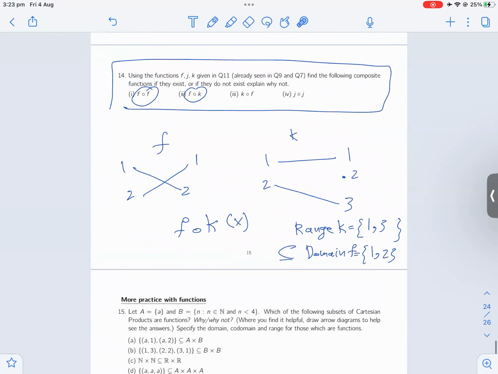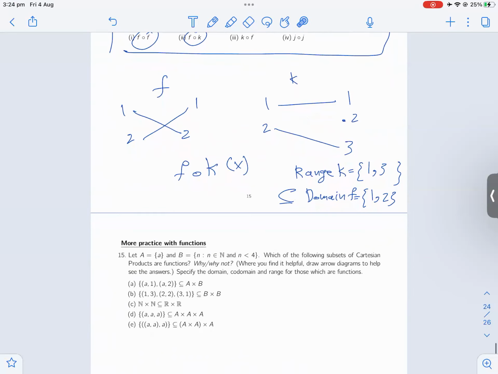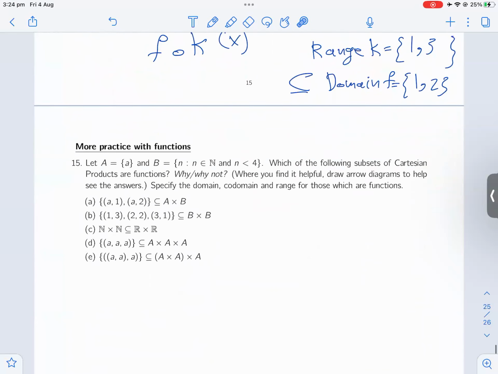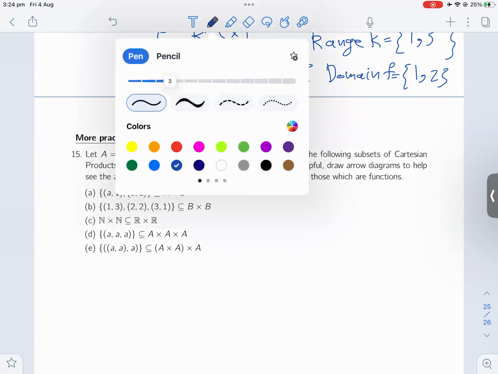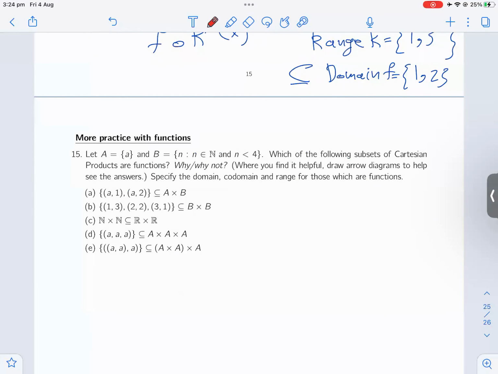All right, so let's see this one. Let's quickly do this with different colors. Is this function A a function? A sometimes gives me 1, sometimes gives me 2. No, it's not a function.